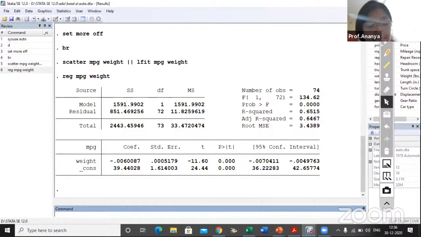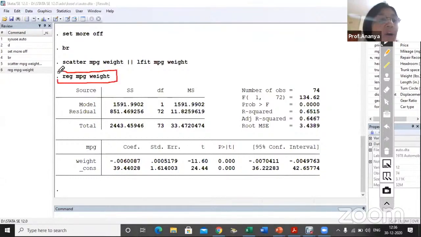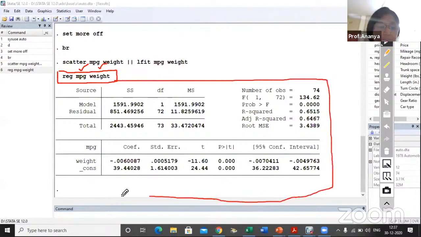In the result window, you can see the command I typed to run a regression of miles per gallon on weight: reg, dependent variable mpg, followed by the explanatory variable. Once I typed this, here are the regression results. This is the full regression result that you see in Stata.